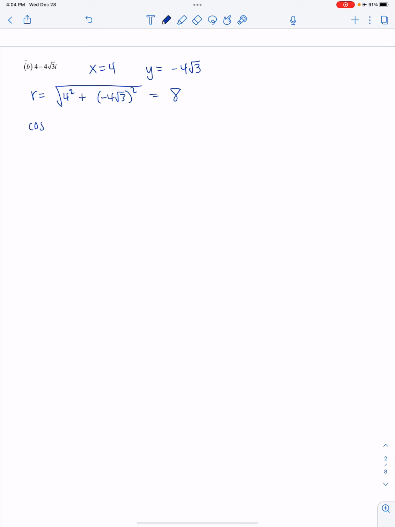Next, cosine theta, x over r, 4 over 8, 1/2. Sine theta, y over r, -4 root 3 over 8 is negative root 3 over 2. So when cosine is 1/2 and sine is negative root 3 over 2, that tells us our theta is 5 pi over 3.